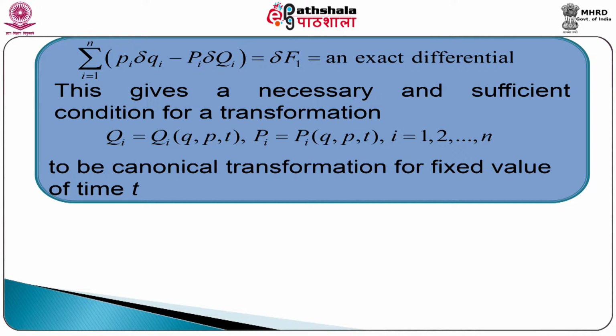Please note that in our previous expression we have used the notation dq_i for variation. As we have used dt equal to 0, in this equation we have used the Kronecker delta sign.